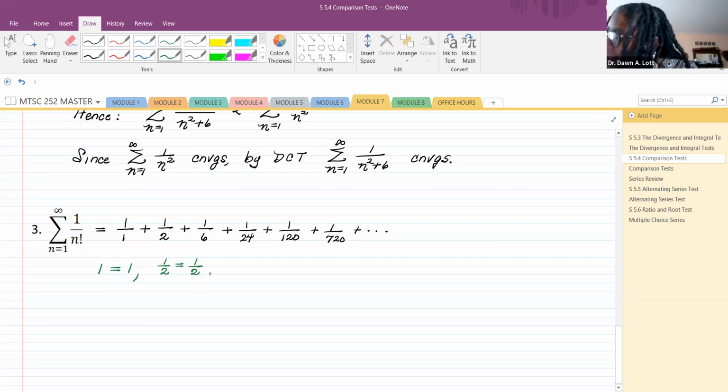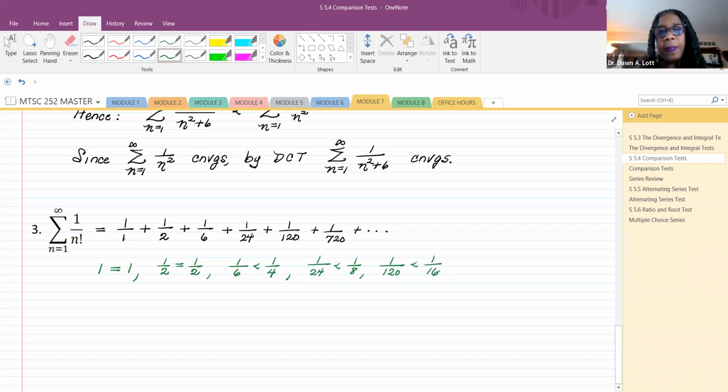But let's use the fact that 1/6 is certainly less than 1/4. And 1 over 24 is certainly less than 1 over 8. And 1 over 120 is certainly less than 1 over 16.